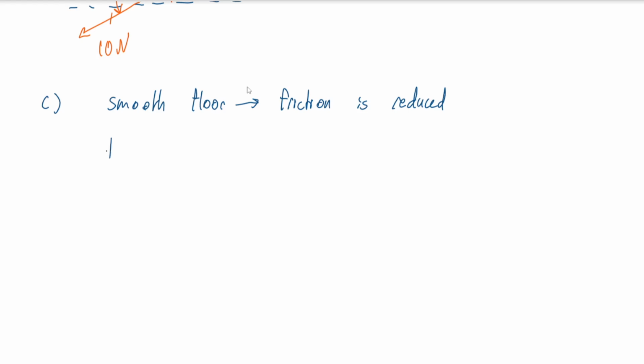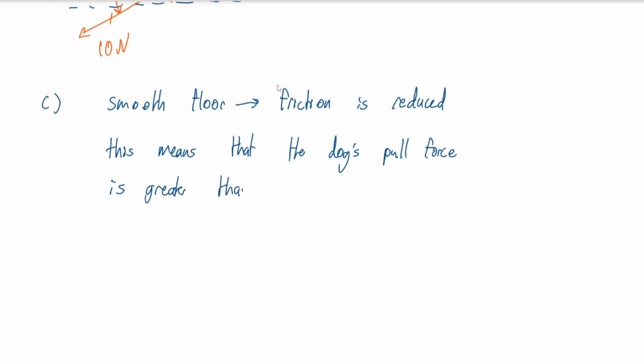And so what does this mean? This means that the dog, how do we word this? So that the dog's pull force is greater than the friction between it and the ground.